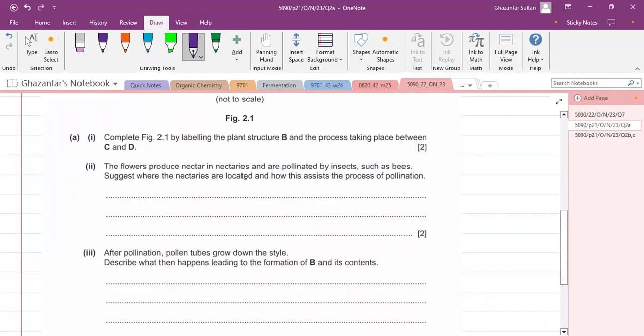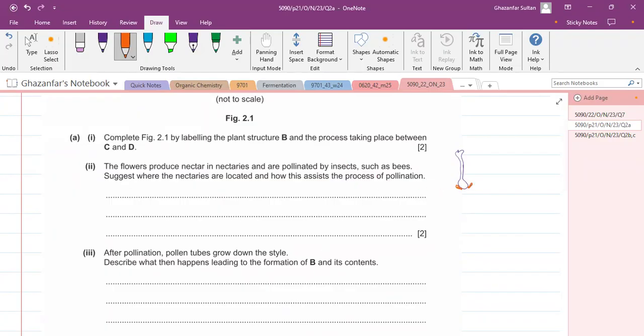The flowers produce nectar in nectaries and are pollinated by insects such as bees. Suggest where the nectaries are located and how this assists the process of pollination. So remember that if you remember a dicotyledon plant or any plant where pollination is enhanced by insects, pollination is carried out by insects, the nectaries are there at the base of the flower.